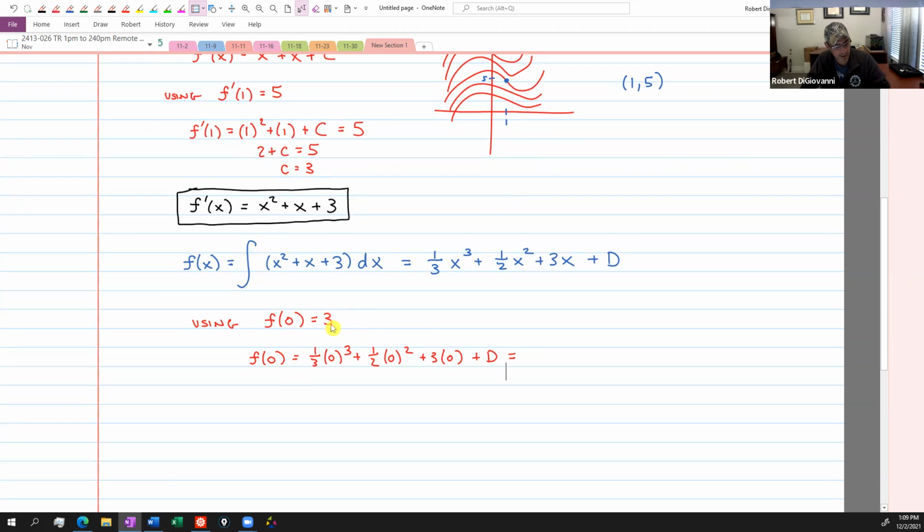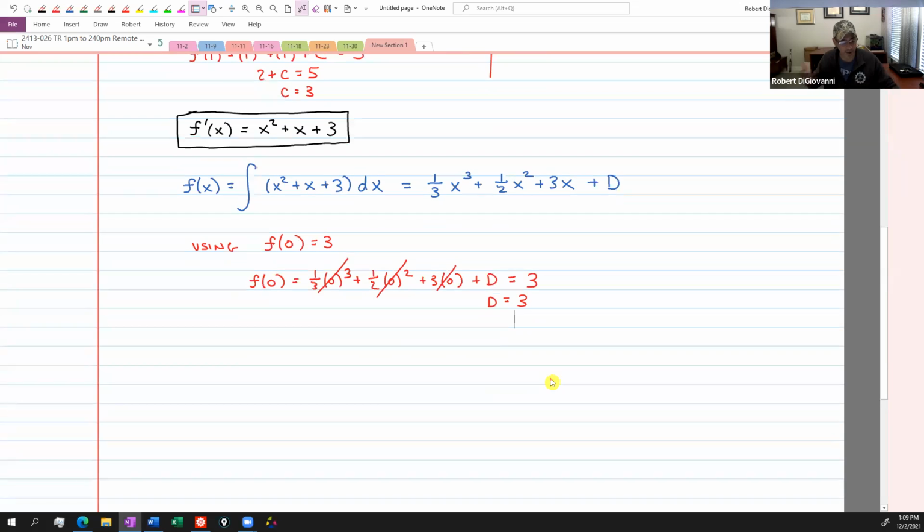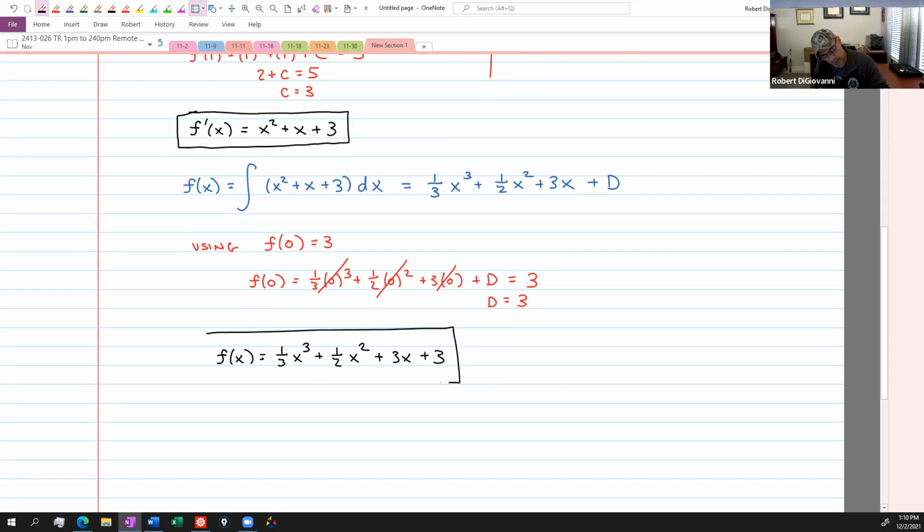That should spit out 3. And since all of these go away, all you have is d is 3. And so we have our final answer. Our final function is 1/3 x cubed plus 1/2 x squared plus 3x plus 3. There it is.